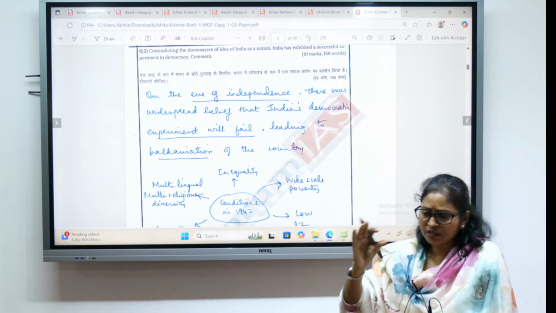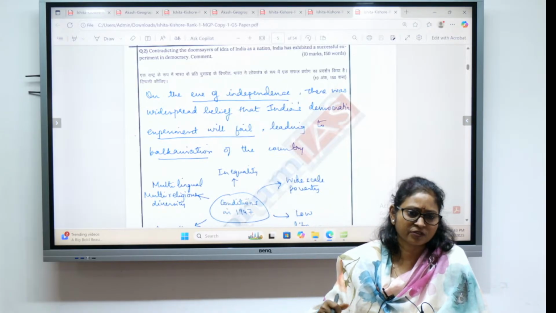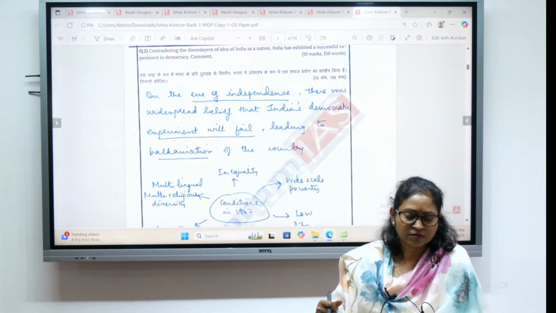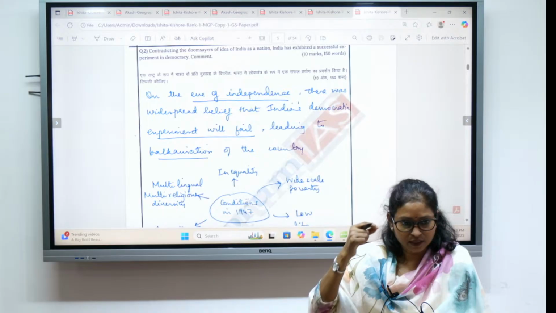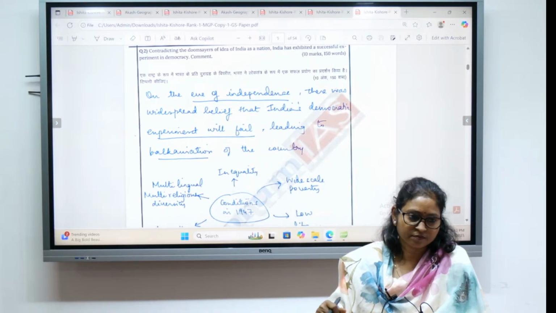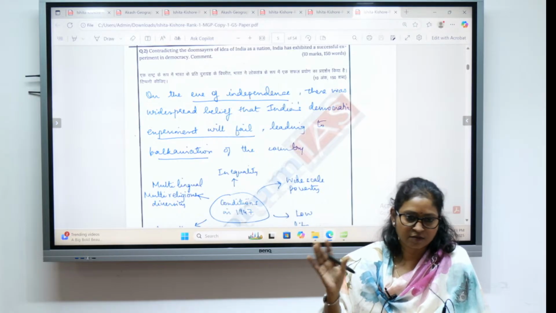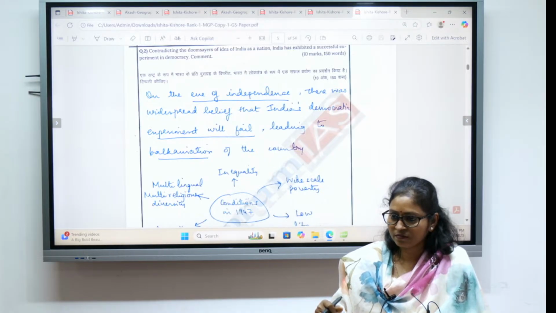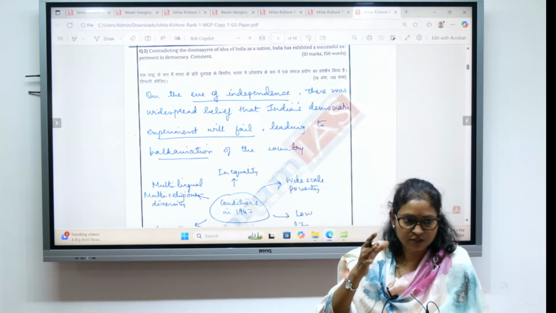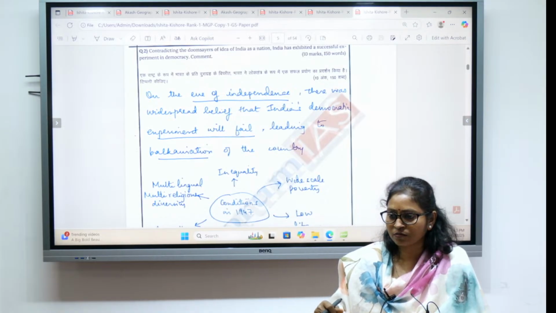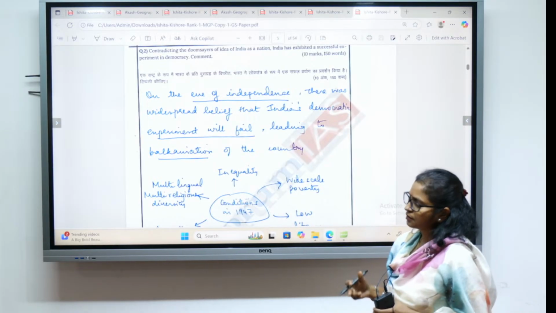With the context, you see the actual theme of the question reflected in the introduction. That is how toppers are made. The doomsayers were saying that India would not sustain as an independent nation and would balkanize, because that is what the colonial people were saying when they were leaving.